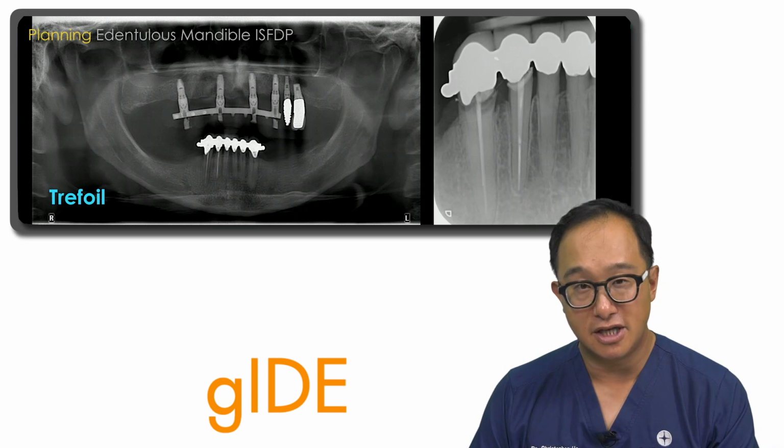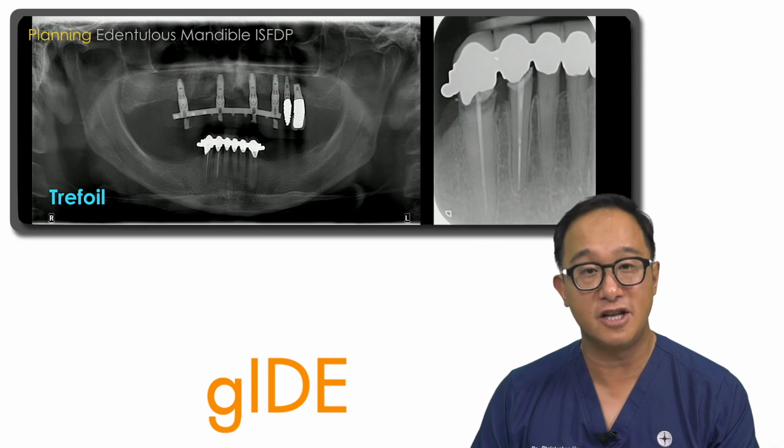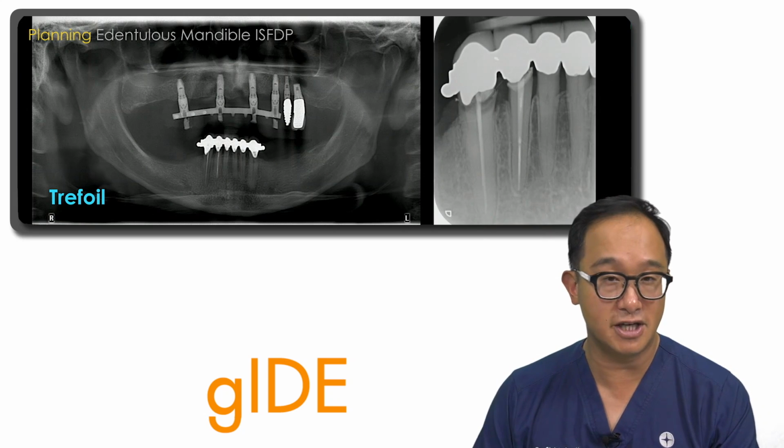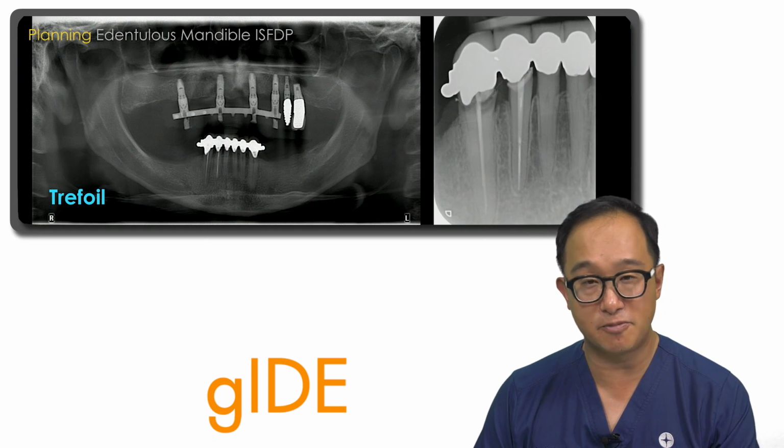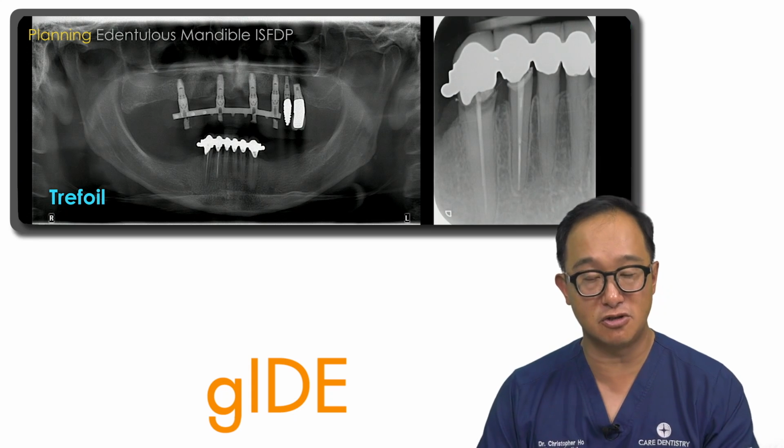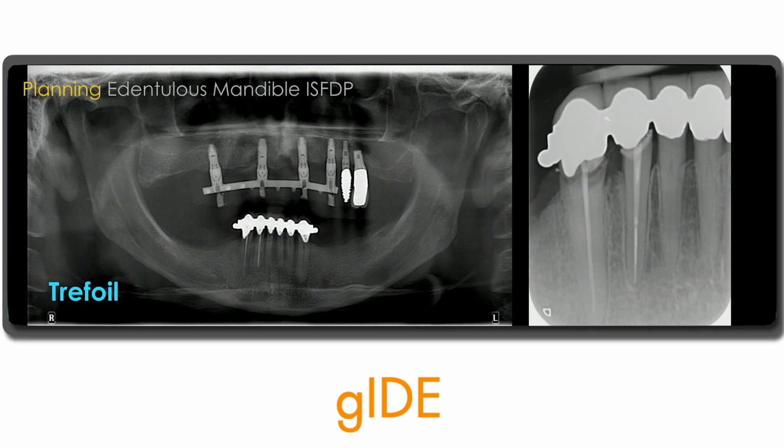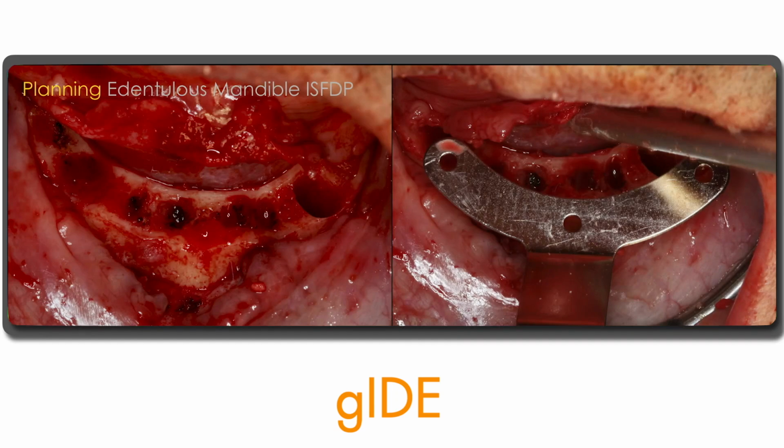In the modern age, there's been some new developments, and in the last 2 to 3 years, the Novum approach has really been transformed into a new approach called trefoil. And trefoil is once again using 3 implants. But the difference here was they had a different abutment system and a much more accurate fitting prosthesis and a smaller, less bulky prosthesis. So let's have a look at how this all works.